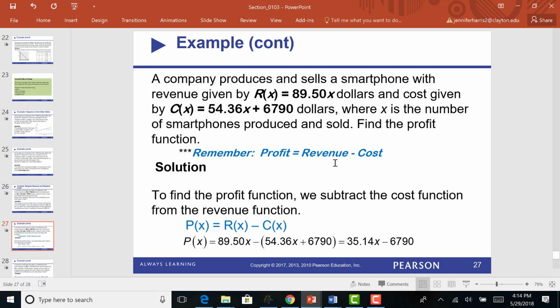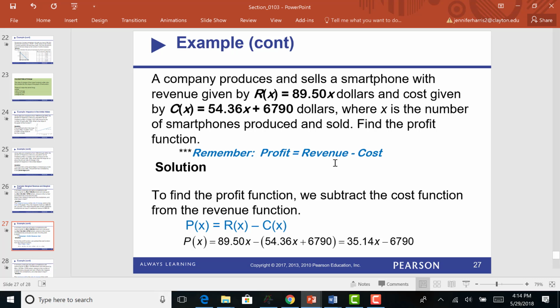What's the cost function? 54.36x plus 6790. Now here's what I want you to see with that. Anytime you're subtracting functions, you have to have a subtract and parentheses around this part of the function. Why do you have to have the parentheses here? Because you got to distribute the negative sign.